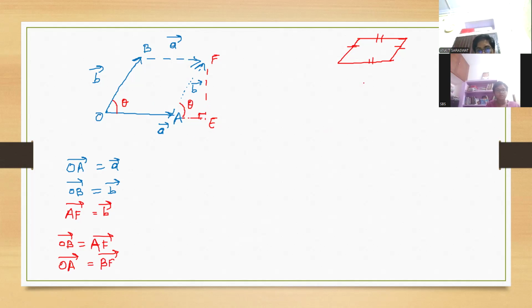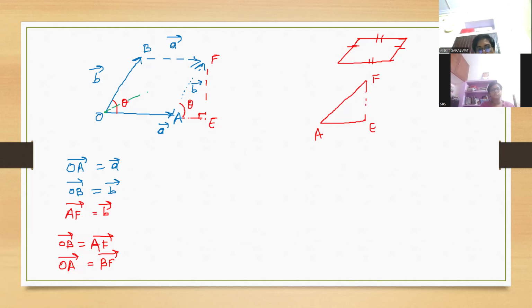Now look at this triangle E, F, A. As per parallelogram law of vector addition, if two vectors are coming from the same point, or their tails are joined, then the resultant is given by the common point of intersection like this.